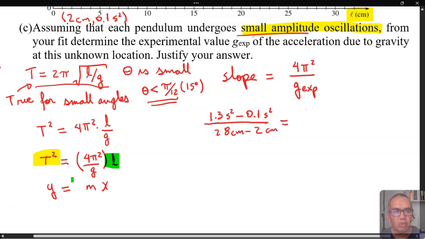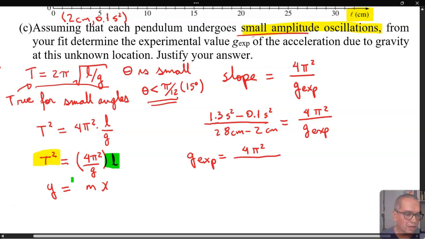And that is supposed to be equal to 4 pi squared divided by the experimental value for g. Therefore, the experimental value that we are looking for has to be equal to 4 pi squared divided by that slope, which as a decimal value is approximately 0.0462 square seconds over centimeters.